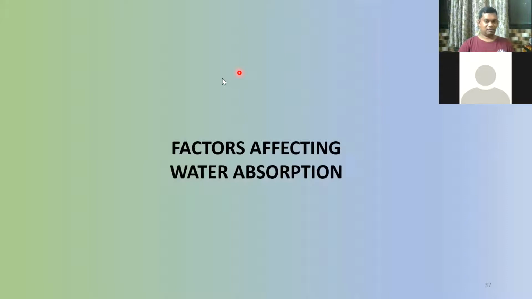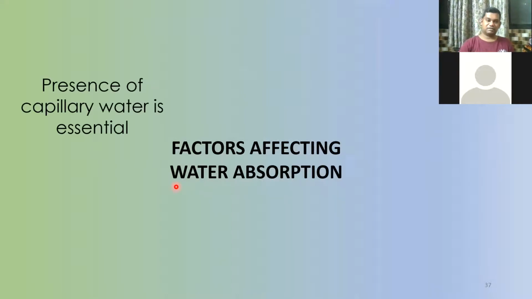Understood. So ultimately, as a conclusion, at the end of this process called absorption of water and ions into the plant, what are the overall factors which affect the water absorption? First is the presence of capillary water, which is essential.